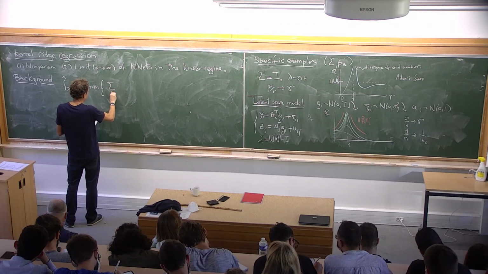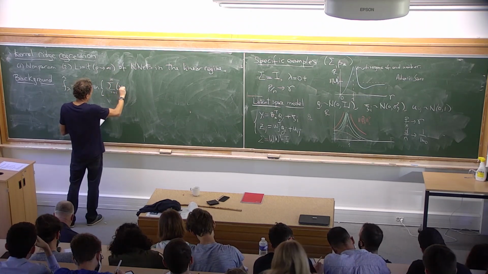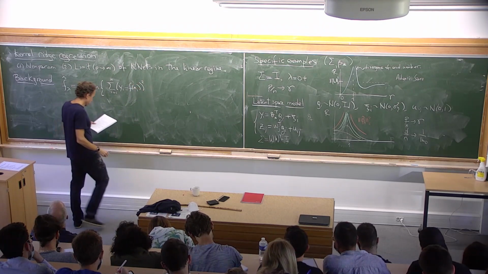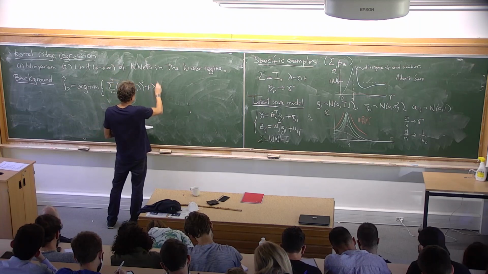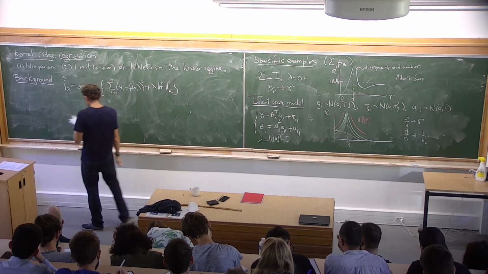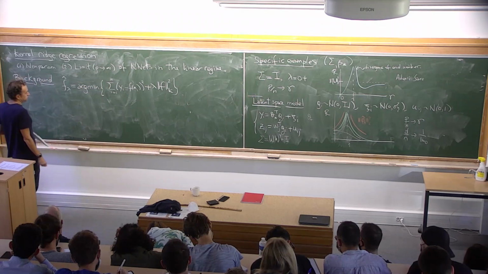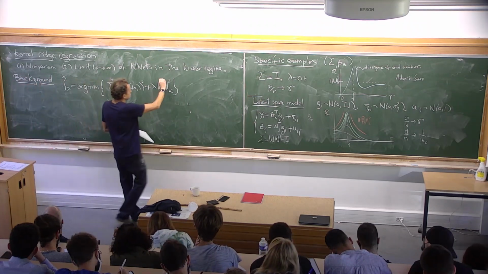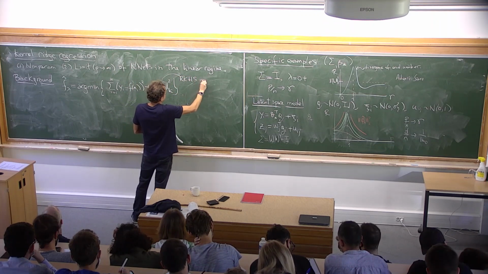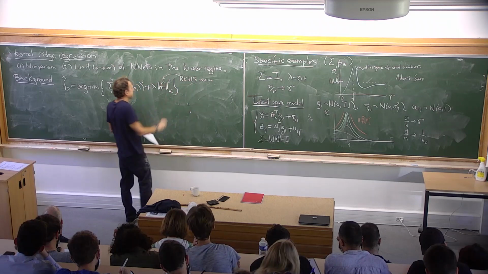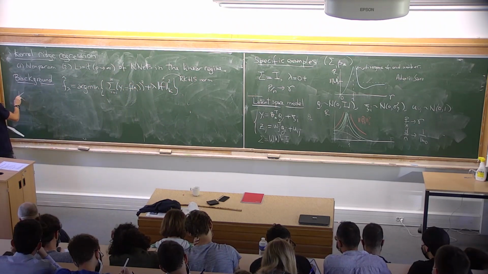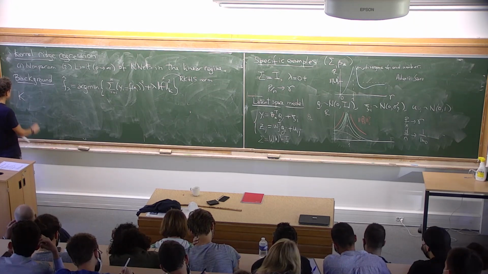We do 1 over n, I'll take the square loss, minimize the square loss, and then I add to it a penalty that is a certain norm of the function f. The norm is called the RKHS norm, and is defined in terms of a kernel K. So to do kernel ridge regression, I have to define a kernel K.